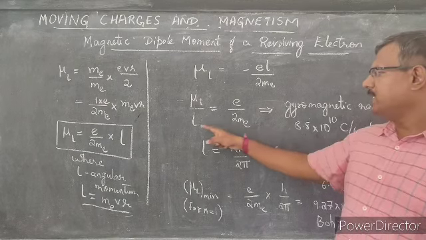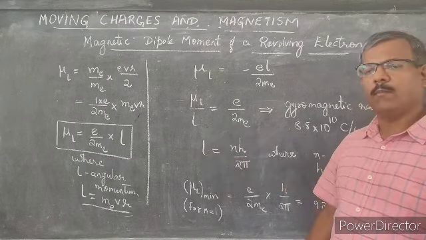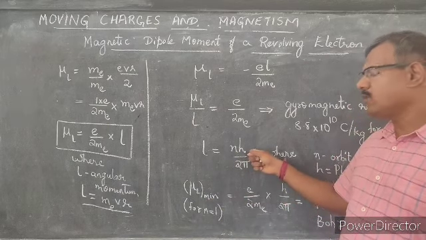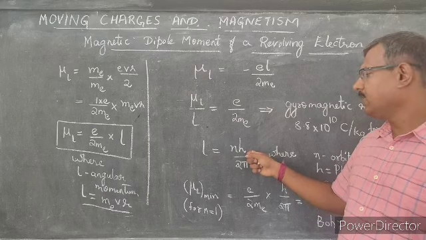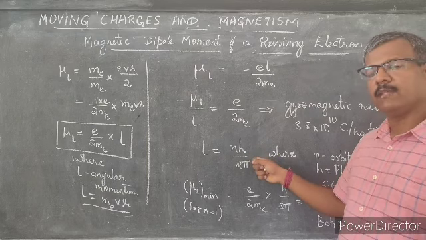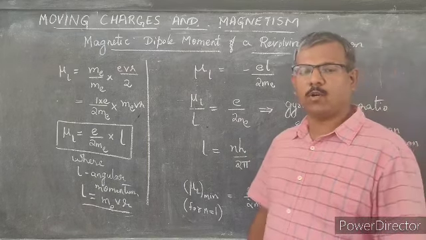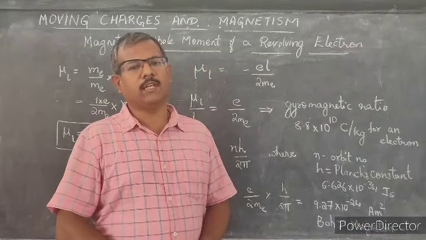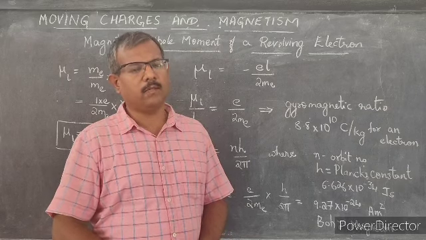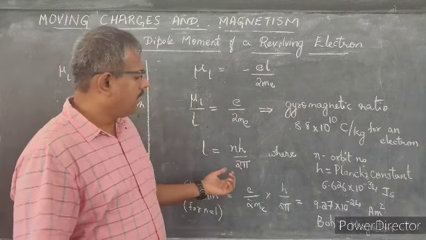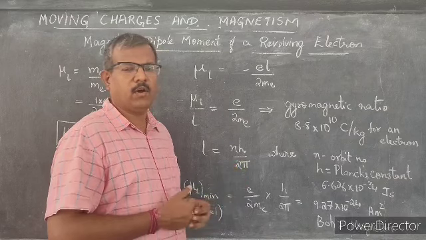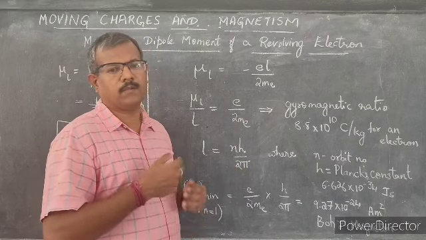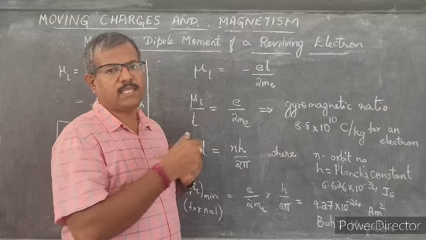Now, this L, angular momentum, can also be expressed in the form of a quantization as per the Bohr's quantization model. So if you go back to our learnings of the Bohr atomic model, you might recall that electrons orbit the nucleus in specific orbits.